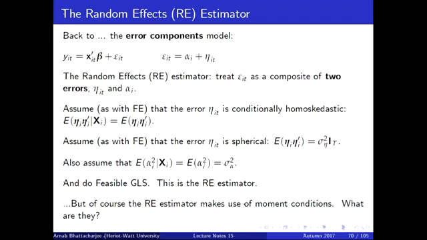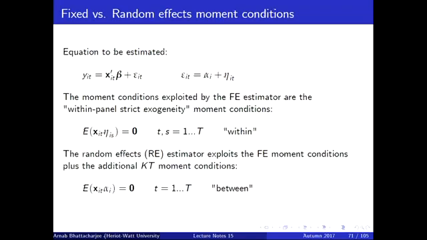But what moment conditions shall we use here for feasible GLS? So, moment conditions for fixed effects estimation was this guy, right? For the random effects estimation, we use this plus this one. So, the within moment conditions and the between moment conditions.